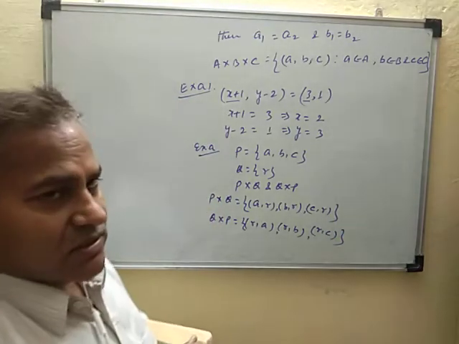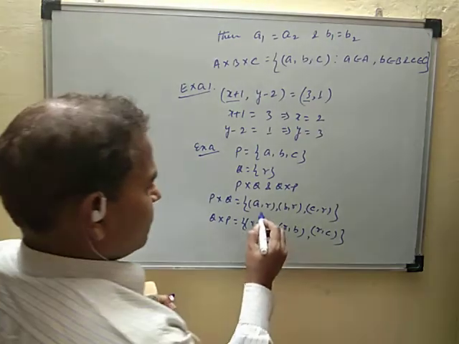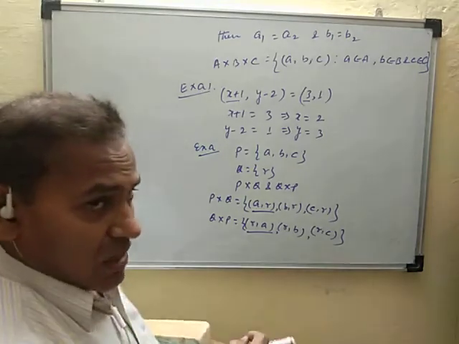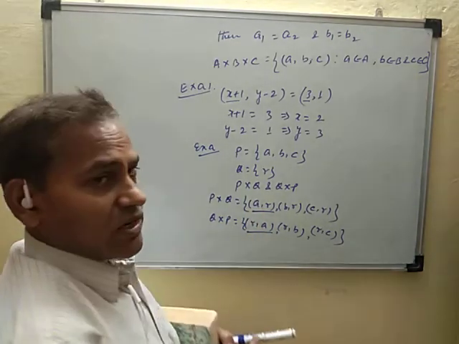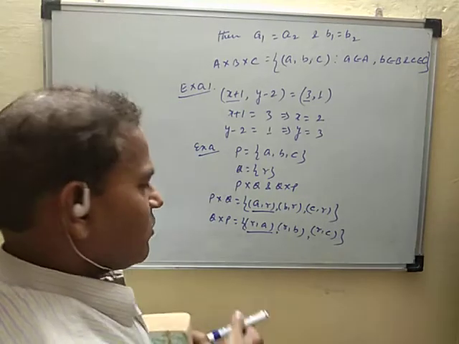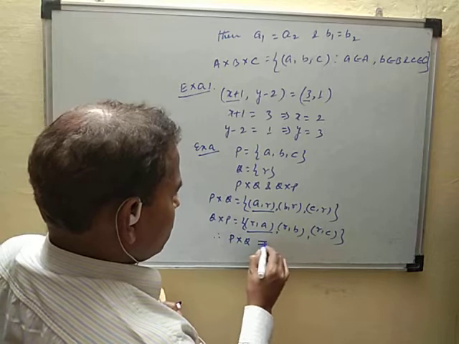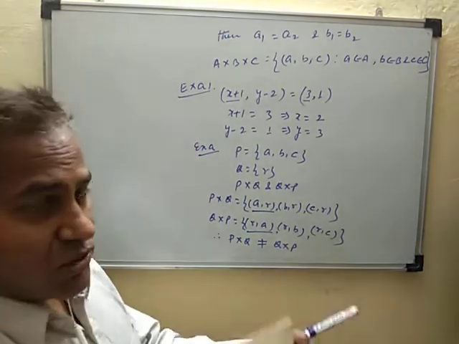Then check whether these two Cartesian products are equal. Here first entry AR, here RA. Are both equal? No. AR is not equal to RA. So both are not equal. Therefore P cross Q is not equal to Q cross P. Both are different.